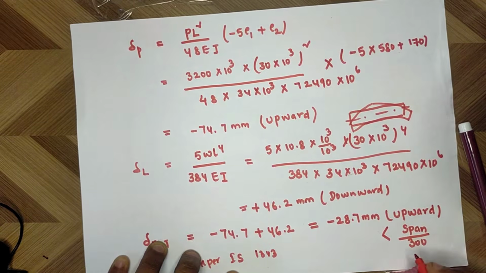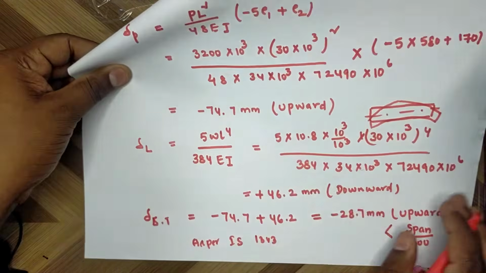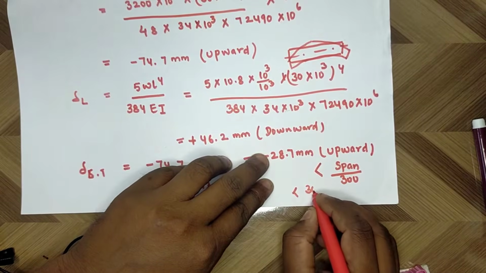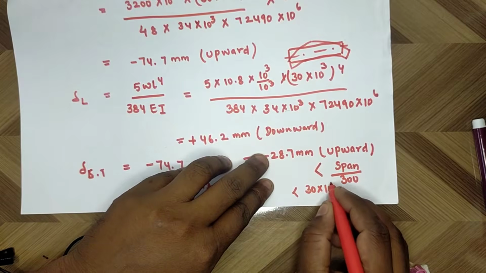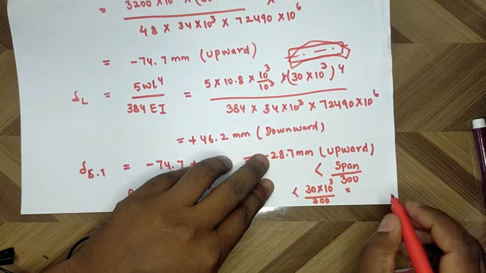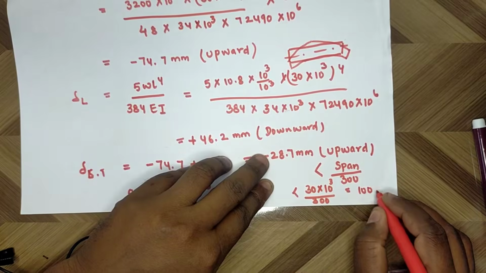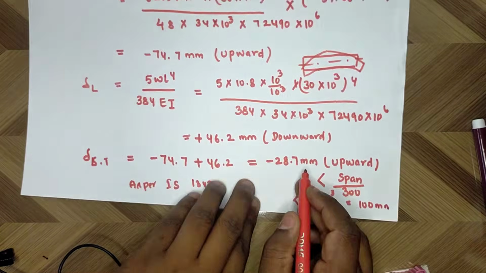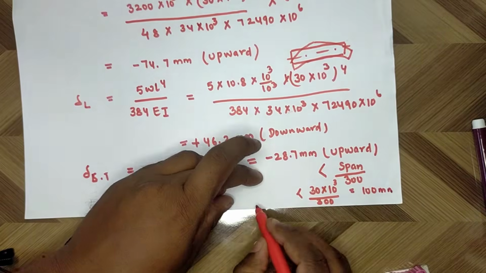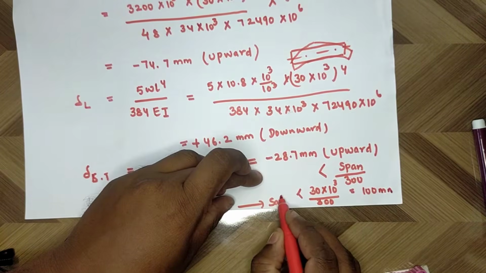What is this span? Span is 30 meters. 30 into 10 cube by 300, that is equal to 100 mm. Right? 28.7 is less than 100 mm, so it is safe.